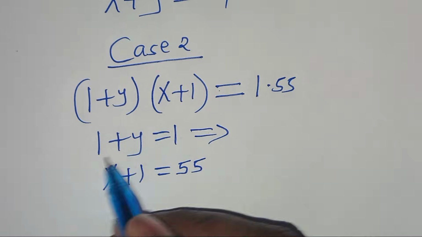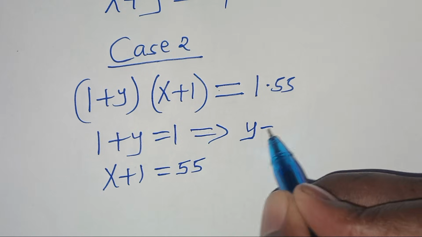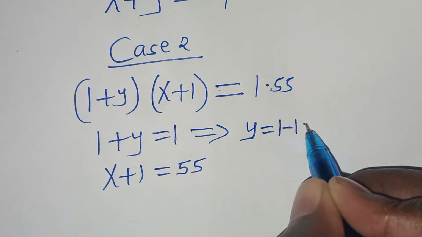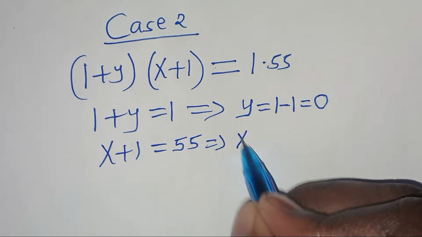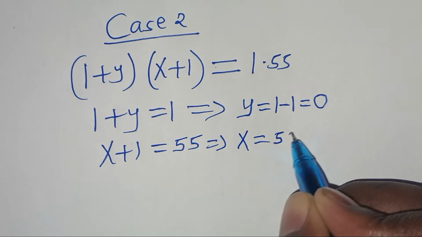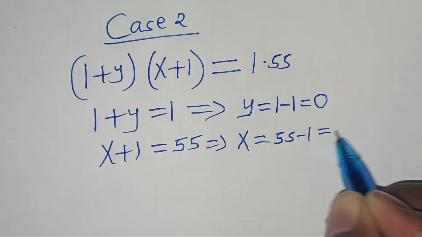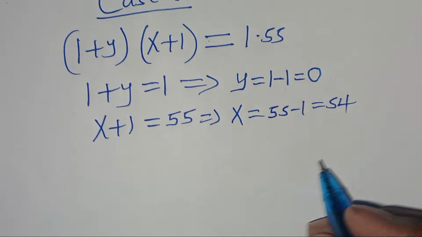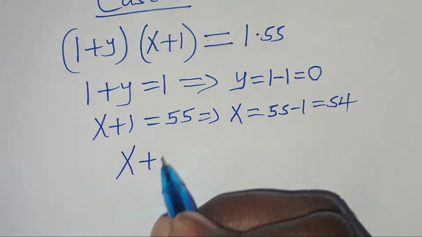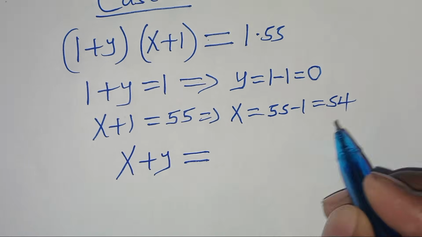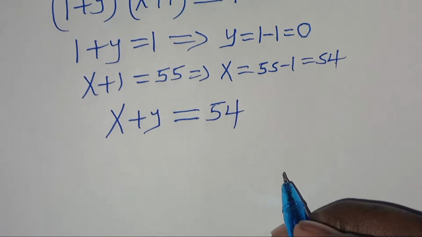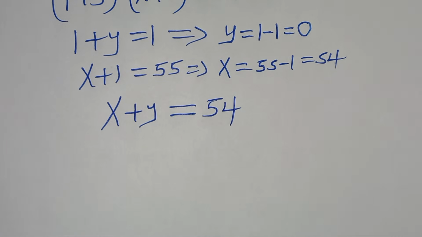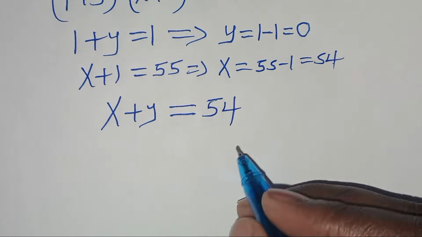From the first part, y = 1 subtract 1, which is 0. Here x = 55 subtract 1, which is 54. So again, x + y will be equal to 0 + 54, which is 54. Now, in case 1 and case 2, x + y is equal to 54.